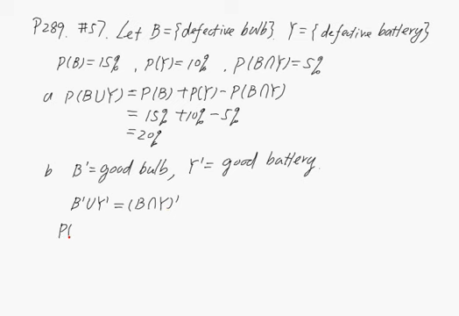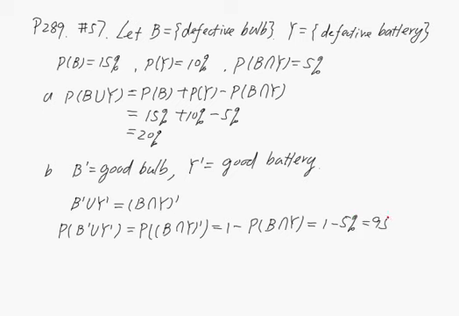So the probability of B prime union Y prime is equal to the probability of the complement of B intersection Y, which is 1 minus the probability of B intersection Y, which is 1 minus 5%, and this is equal to 95%.